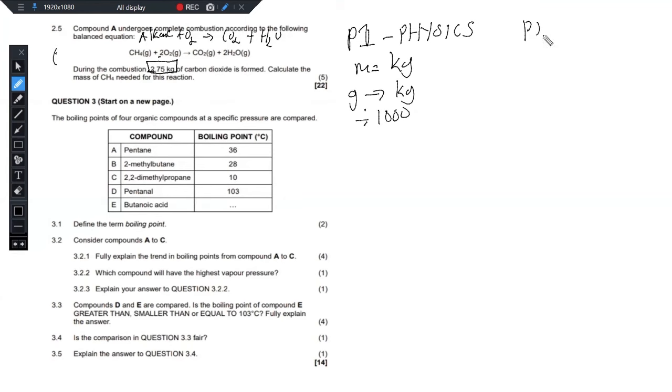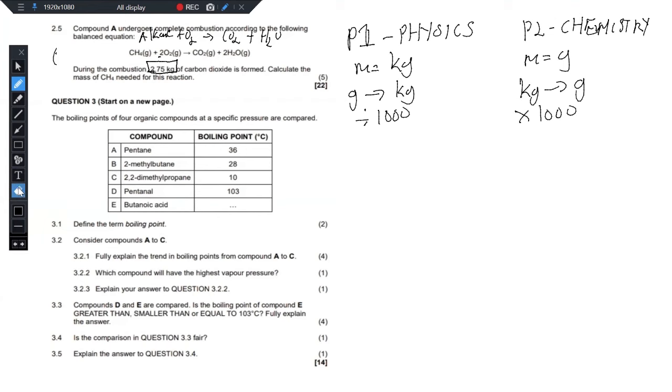But in paper 2, which is your chemistry, your mass should always be in grams. So if you are given kgs and want grams, you need to multiply by 1000. So that's the difference between these two papers: in physics, we need it in kgs, but in chemistry, we need it in grams, right?